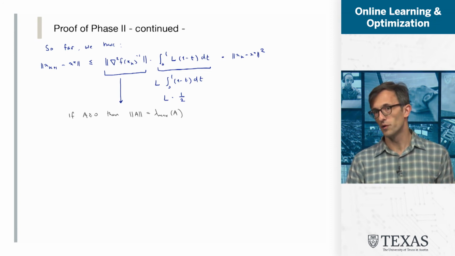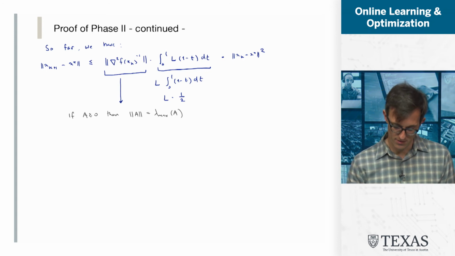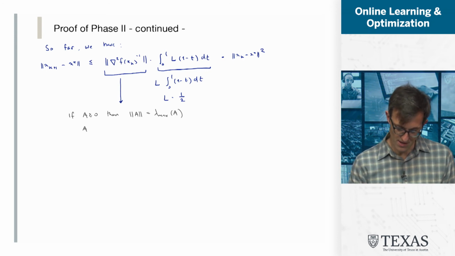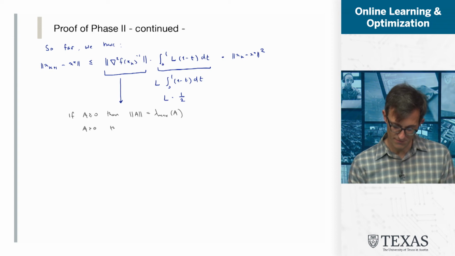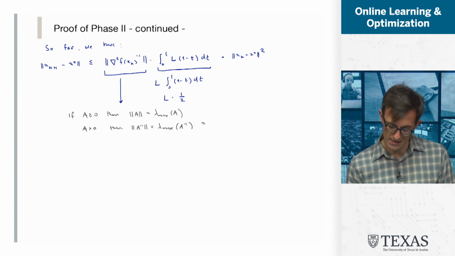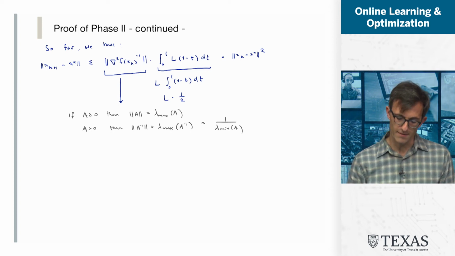It is 1 over the smallest eigenvalue of A. So if A is positive definite, then the norm of the inverse is the largest eigenvalue of A inverse, which is exactly equal to 1 over the smallest eigenvalue of A.